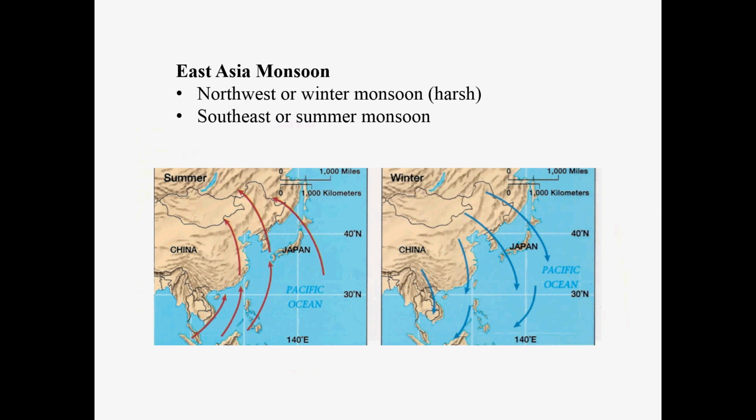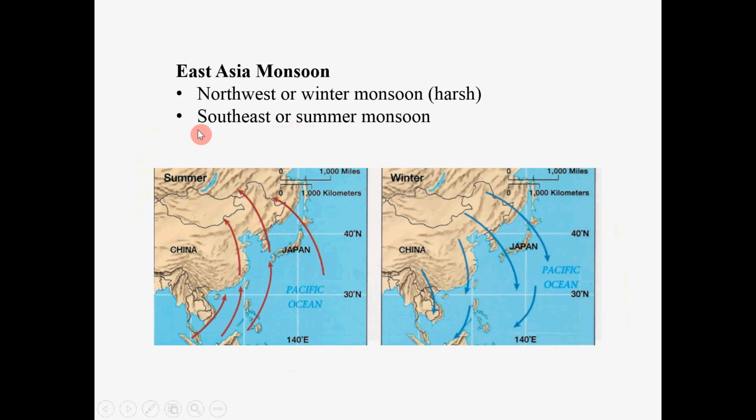East Asia monsoon. Here you have a northwest monsoon, or the winter monsoon. The wind will blow from the land toward the ocean. In East Asia, the winter monsoon comes from a very high latitude. It does not carry a whole lot of moisture, but it has a very low temperature, so it creates very harsh winter conditions.